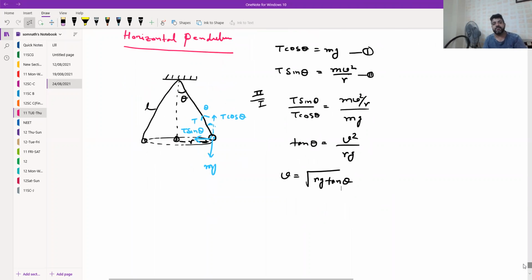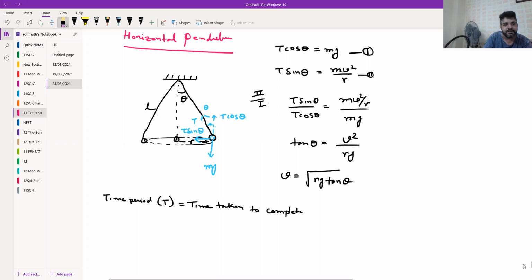Now, if v is root rg tan theta, here the question asks for the time taken to complete one circle, the time period, represented by the symbol T. That is the time taken to complete one circular motion.